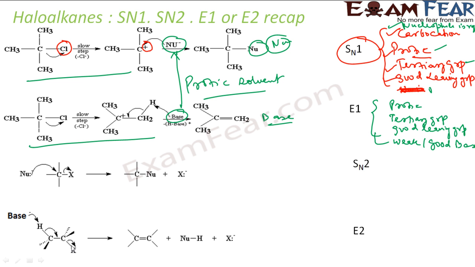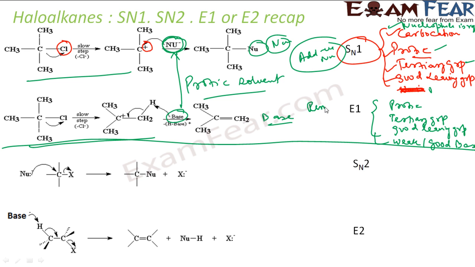Please pay a little more attention to this slide because this explains all these four kinds of reactions very clearly, right? Both these reactions need a protic solvent. I'll just put a mark here because both are almost similar. The only difference is that here you need a nucleophile with a negative charge to compensate for the positive charge, but here you need a base that can take out one H plus, right? So here you compensate, you add a negative charge nucleophile.